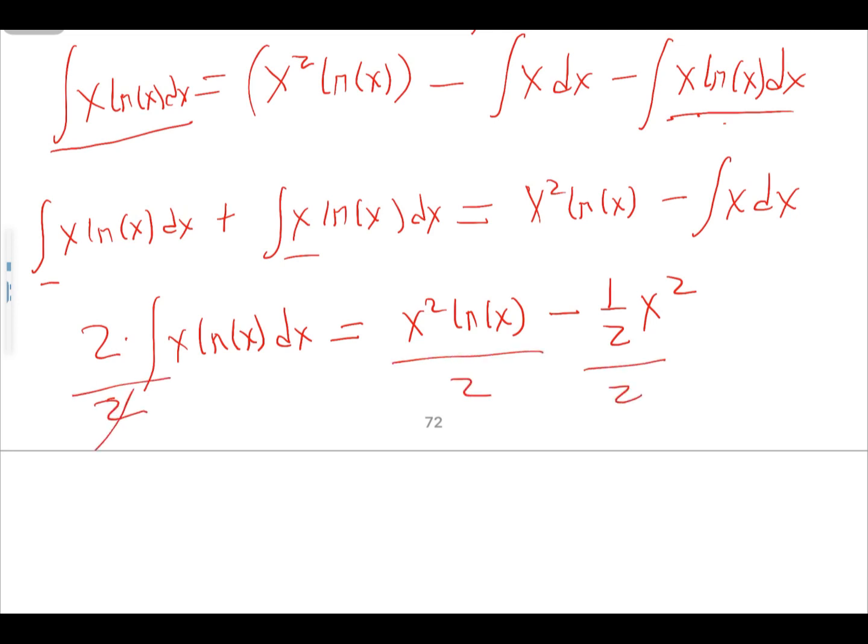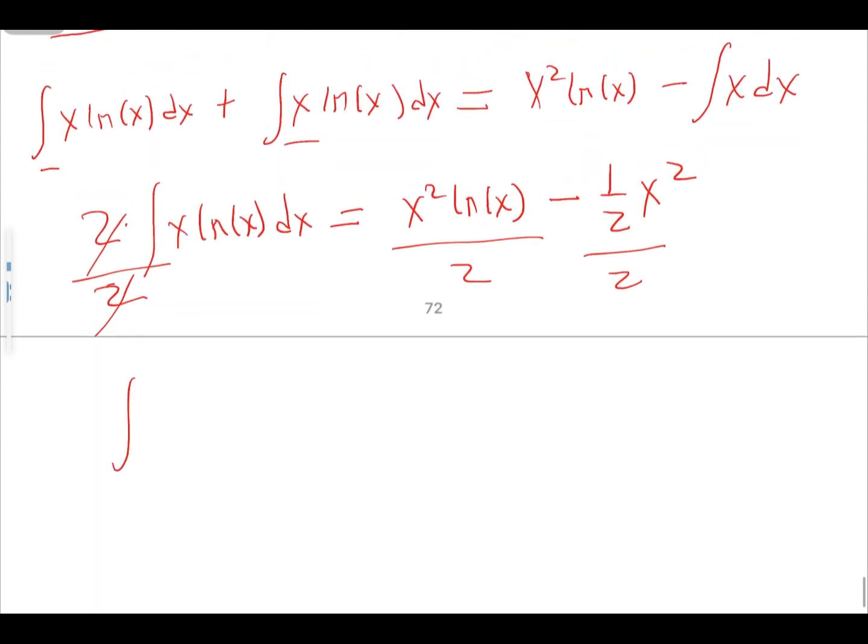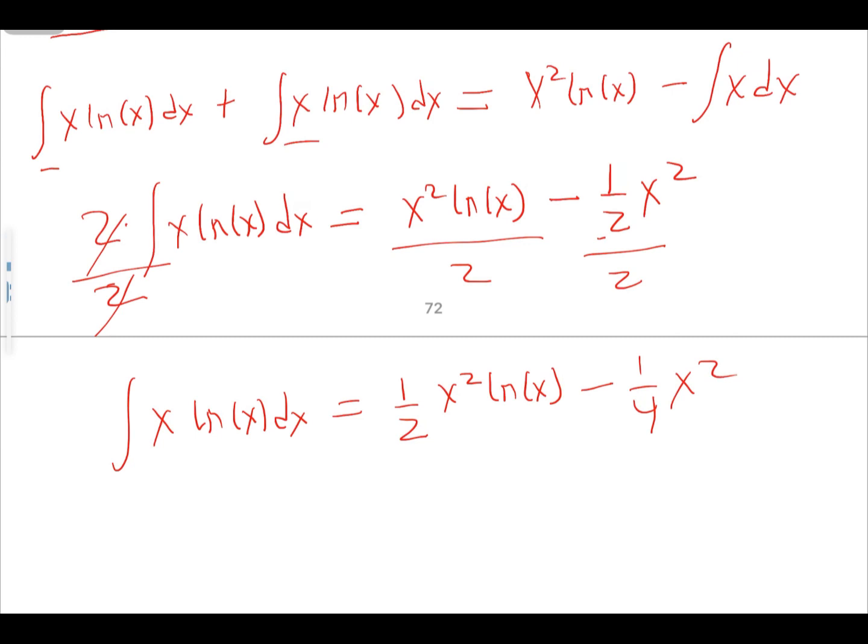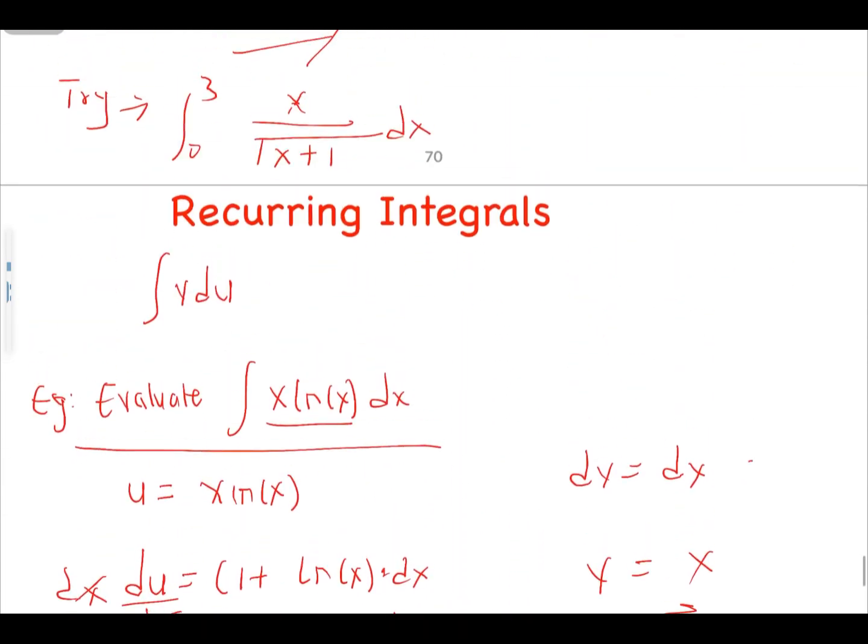So what we need to do is divide both sides by 2 to get integral of x ln x dx equal to 1 over 2 x squared ln x minus, 2 times 2 gives us, 1 over 4 x squared. And don't forget that this is an indefinite integral, so we need to add plus c. So this is the result that we are going to get.